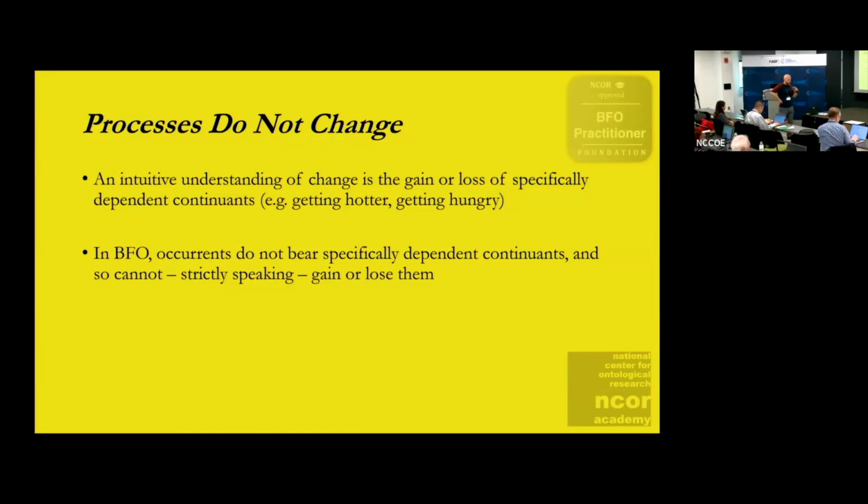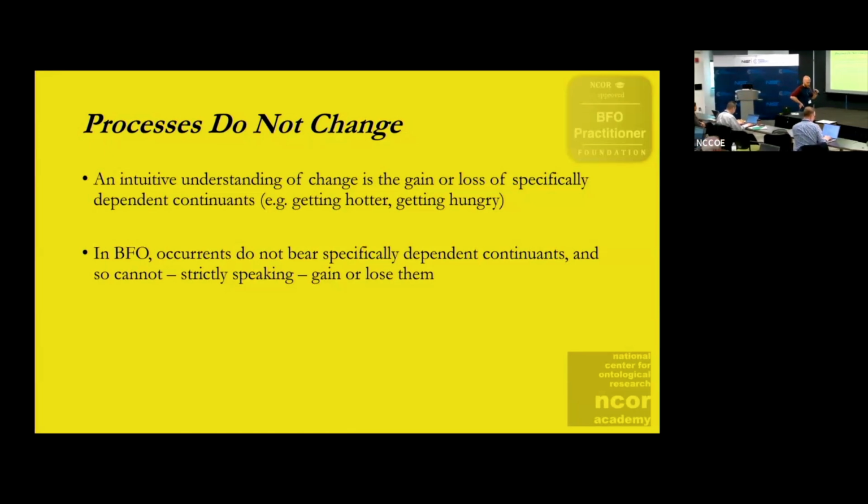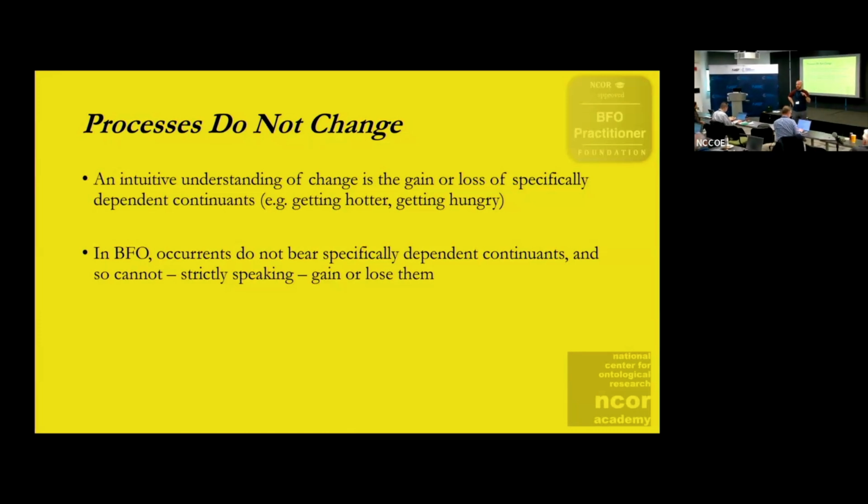And process profile was introduced to capture the commonalities that we see in processes like regular change, cycles, stuff like that, without having to say anything about processes themselves having qualities or get into the tizzies that you might get into when you're dealing with Alan, trying to get outside the scope of Alan, talk about ternary properties. So without those sorts of resources, process profiles enter the picture as a way to talk about these regularities of processes that we see. Again, compatible with everything I've just said about the change.